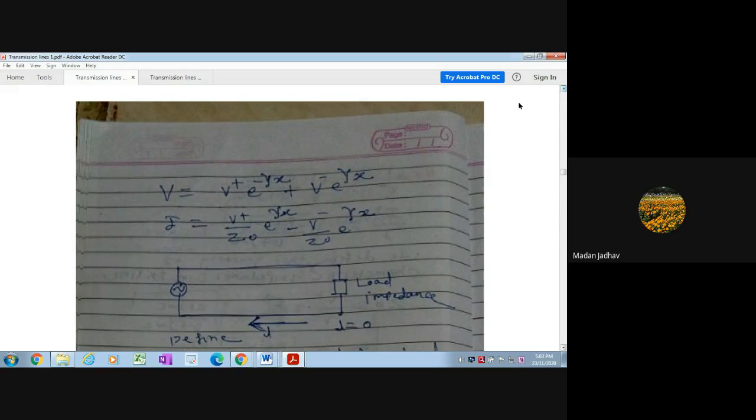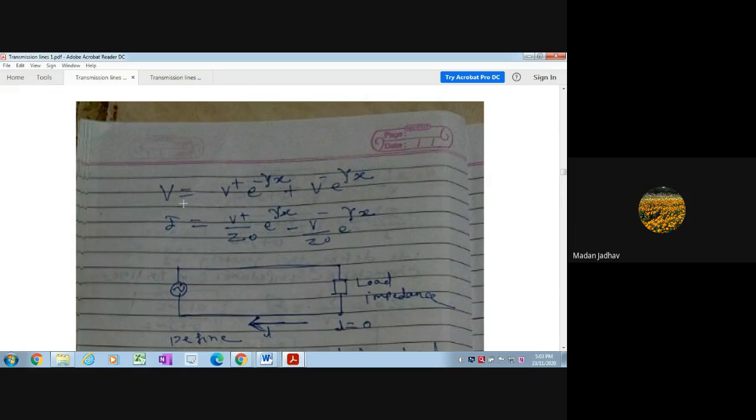By these means we can analyze the transmission line. Now, first of all, we have to see what the equation is for the voltages and the currents which exist along the transmission line.